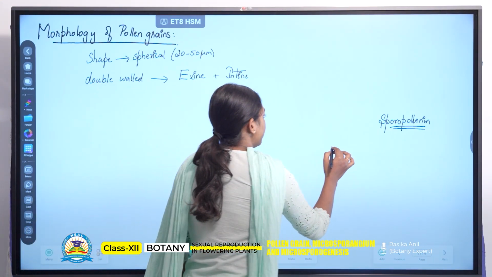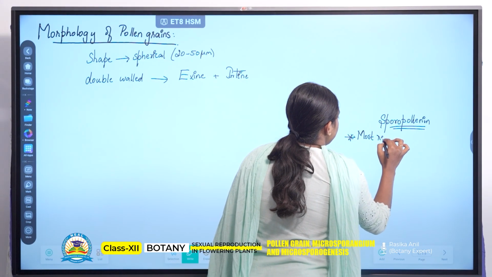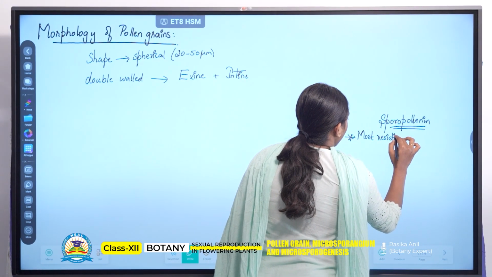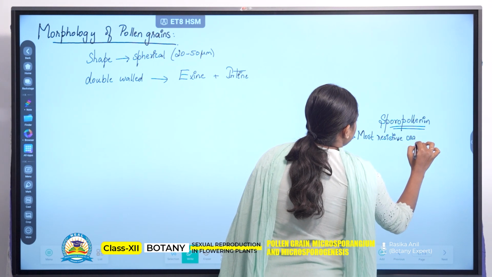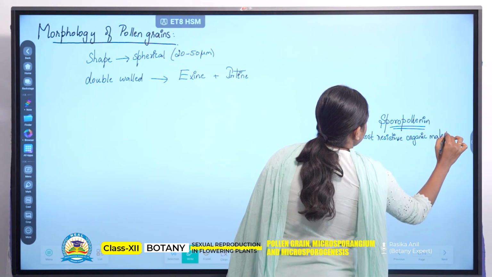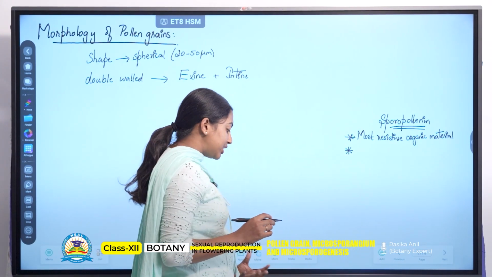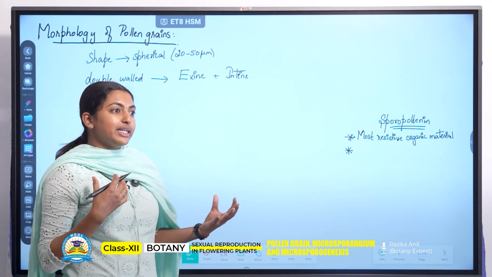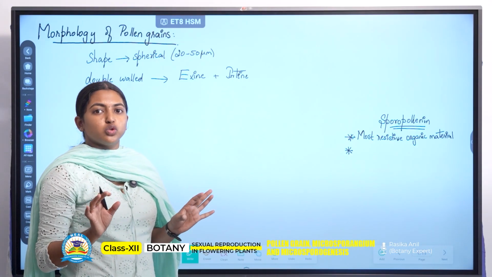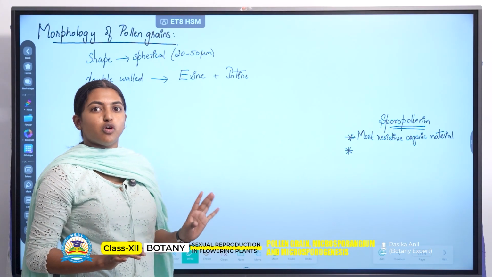First thing that you have to remember: it is the most resistive organic material. Most resistive means it cannot be degraded by almost anything. No enzyme that can degrade sporopollenin has been found so far.